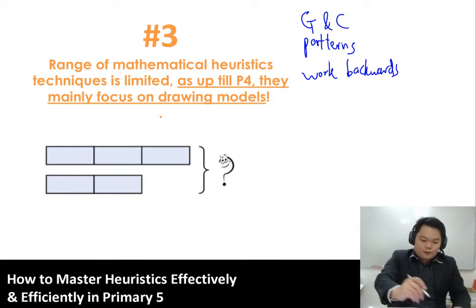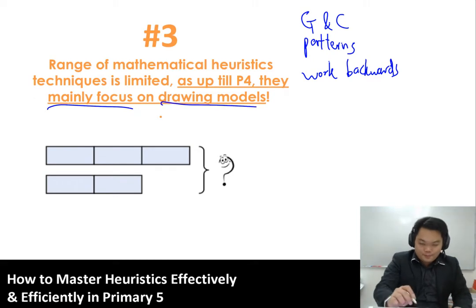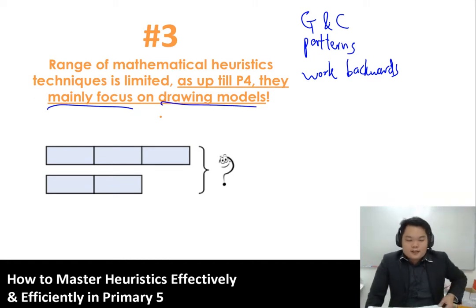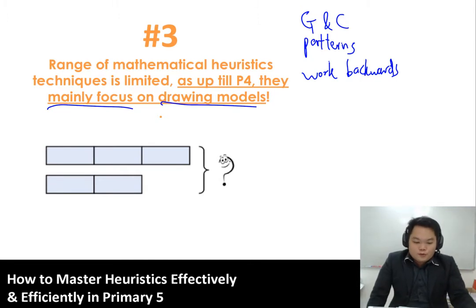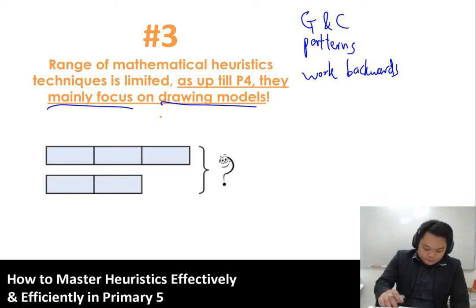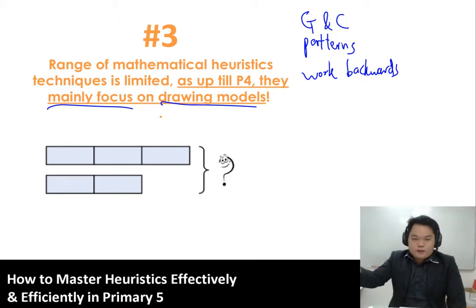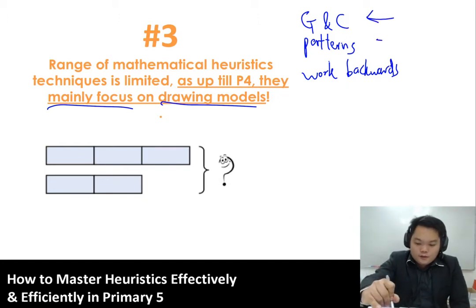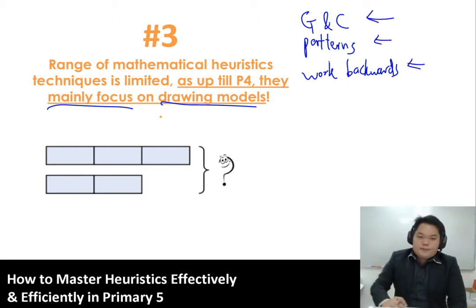In P4, the main focus is on models. You would agree with me on that. I tend to present my solutions with models for P3 and P4 because I understand that that's what they are exposed to. So at P5, the range of heuristics is much broader, and it will cover deeper into these concepts. Okay?